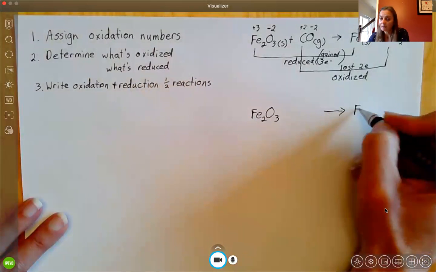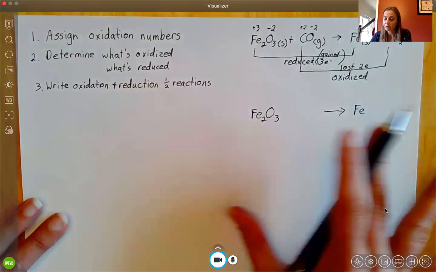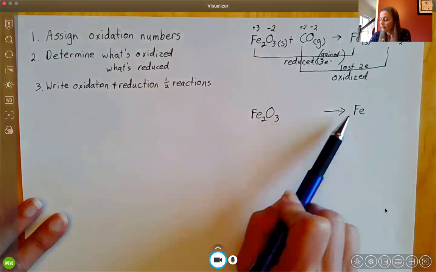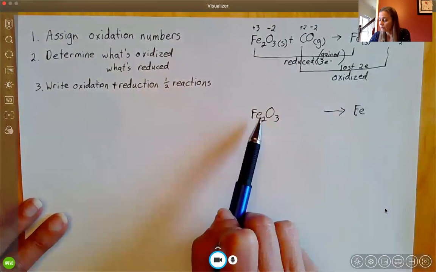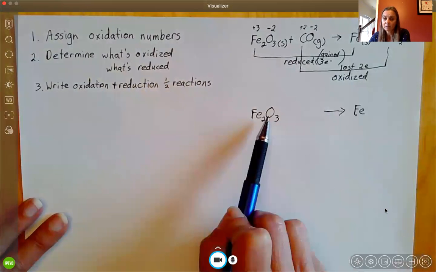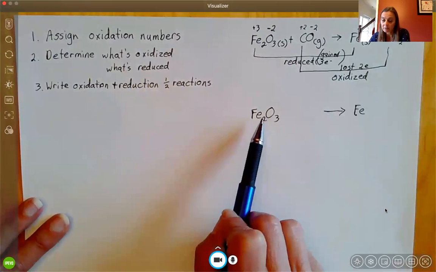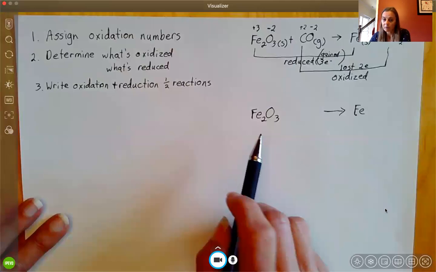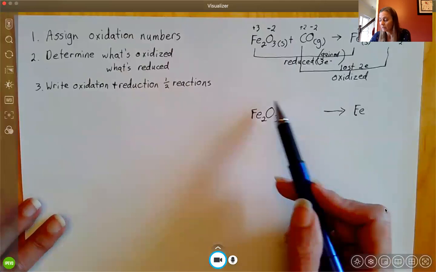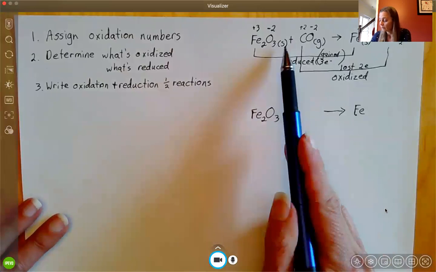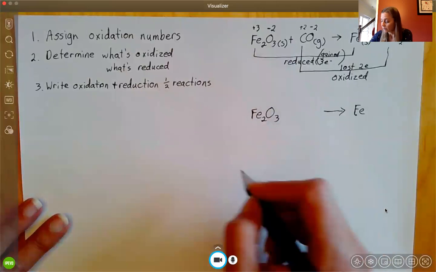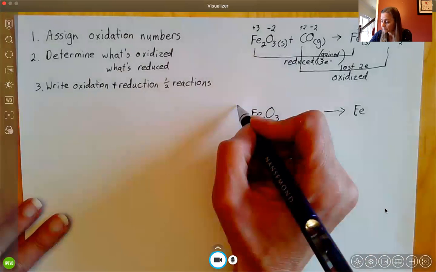And we're not going to worry about all the other stuff. We just want to bring in the thing that is being reduced and anything it is bonded to that is not dissolved in solution, that's not a spectator ion. So we're going to hold on to that Fe2O3 because that's a solid. Okay, and this is my reduction half reaction.